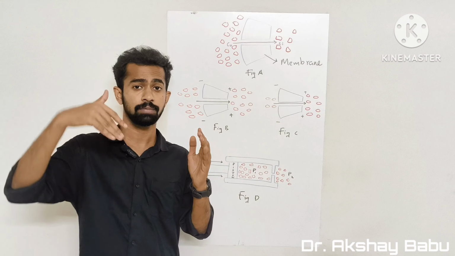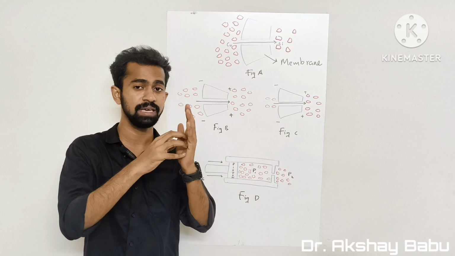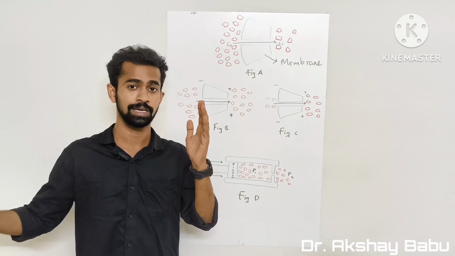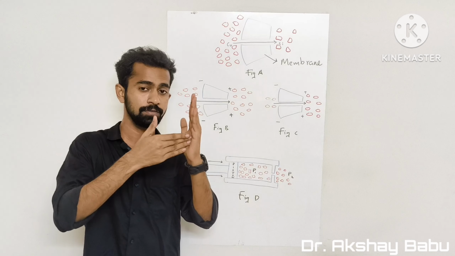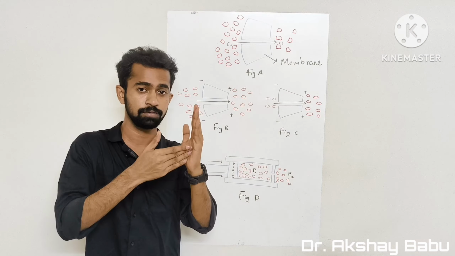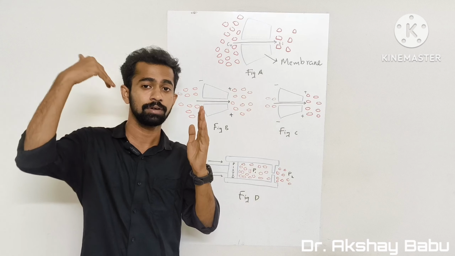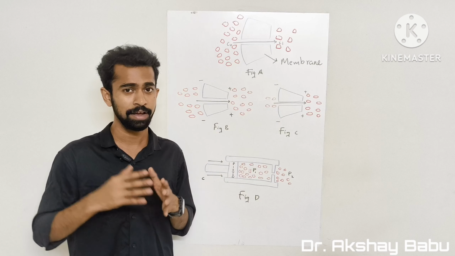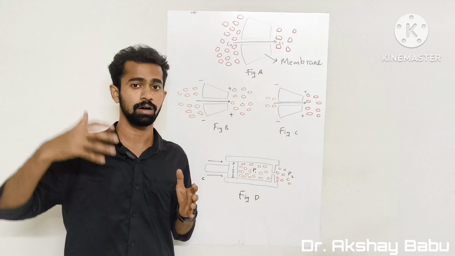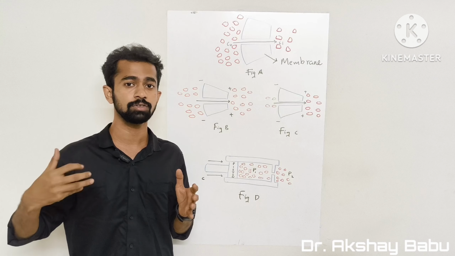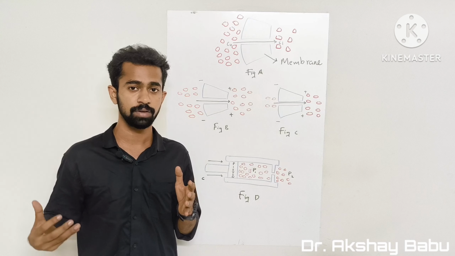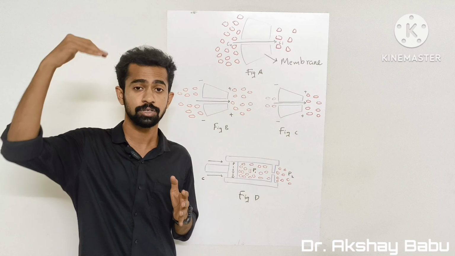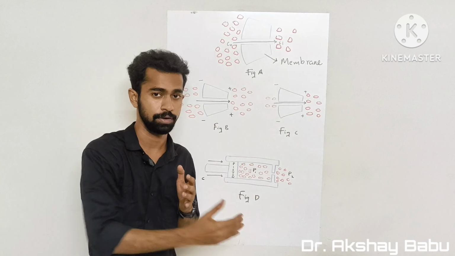Therefore, having a higher pressure on one side of the membrane means the sum total of all forces acting on that particular surface at that point of time is much greater than that on the other side. So the result is that increased amounts of energy are available for the net movement of ions from one side of the membrane to the other, that is, from the higher pressure side to the lower pressure side.